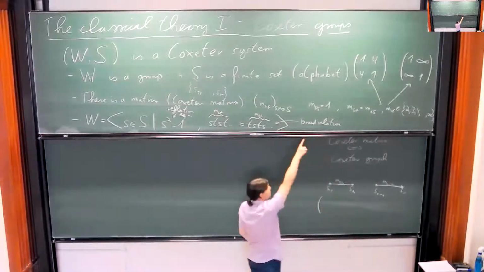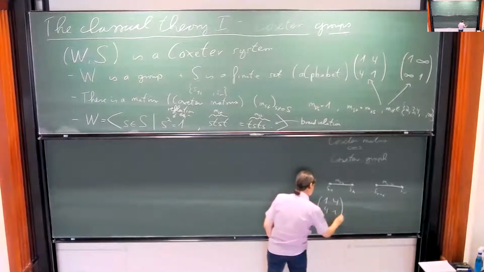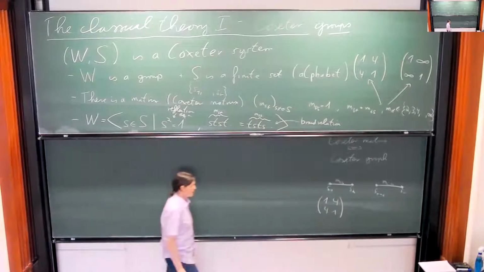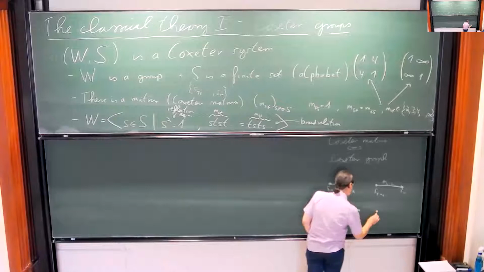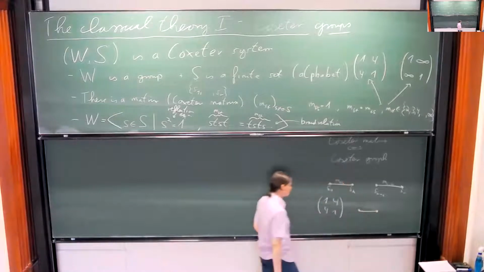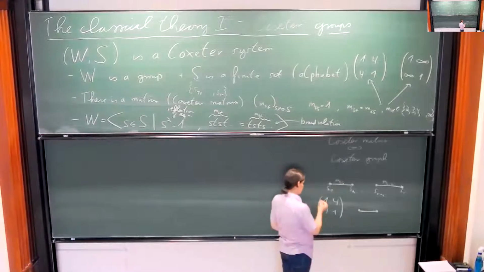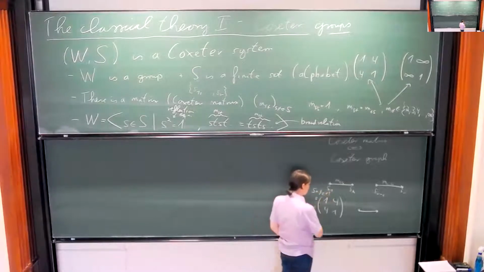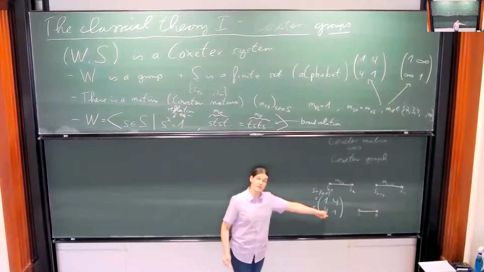So let's do the one from upstairs. In this case, I would write down two vertices, and I would connect them with an edge. One of them is S, one of them is T, and I would write down exactly this element.